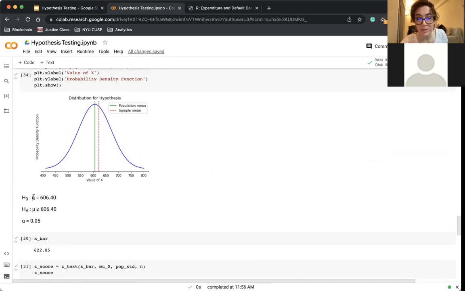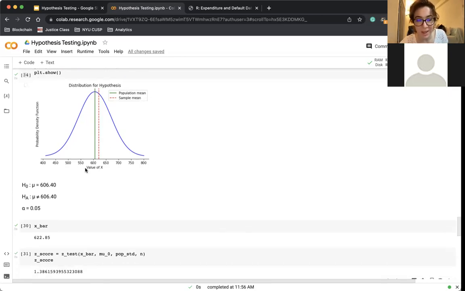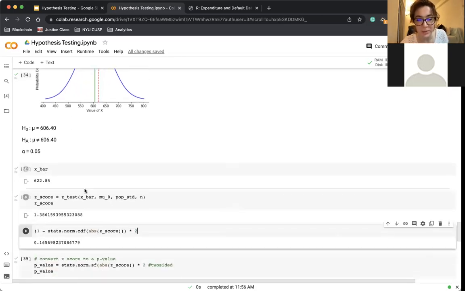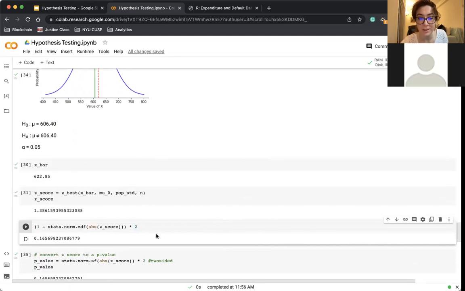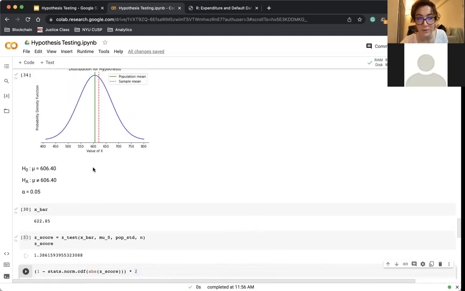In this case, we're just trying to prove that the mean is not equal to this value, so we need to account for both sides. Got it. That's your decision tree: anytime we have a two-tailed test, we need to multiply this by 2. When we have less than or equal to and greater than or equal to, we do not need the two-sided, since we're just testing for one side.